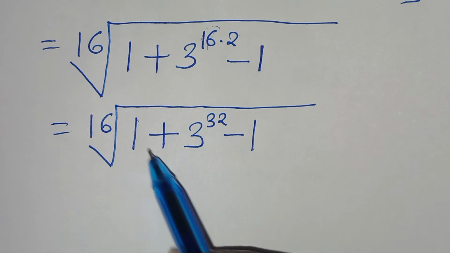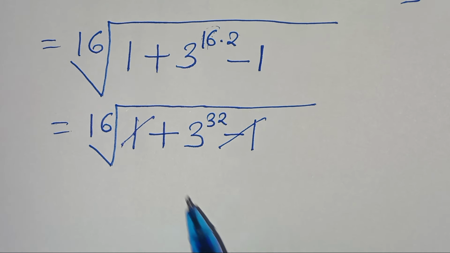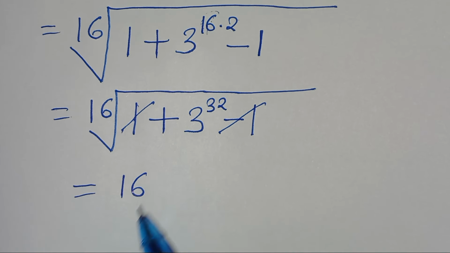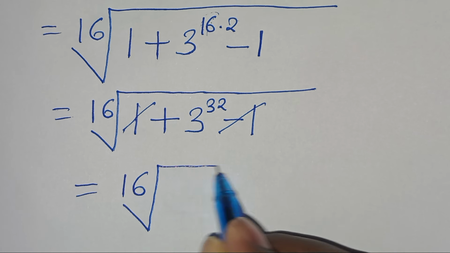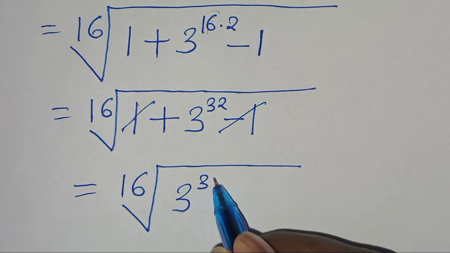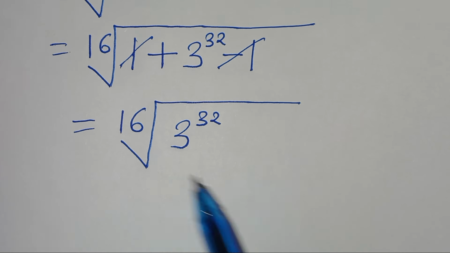So that now, this is 1 minus 1. This simplifies, so that now we have the 16th root of 3 to the power of 32. Now, the next step from here.